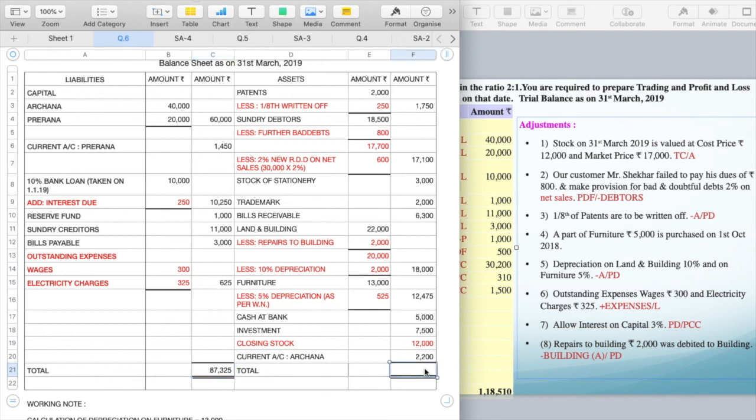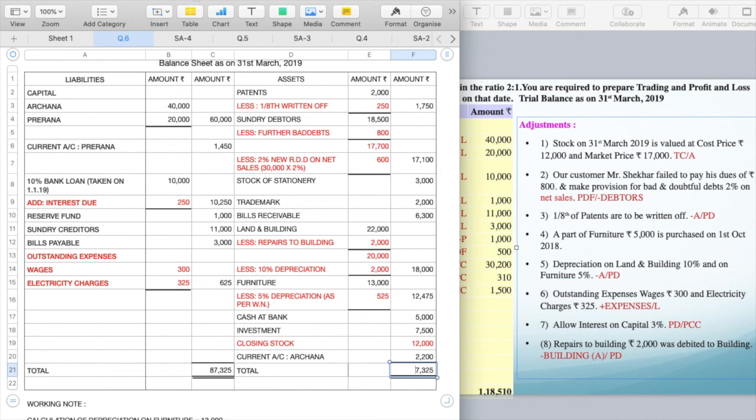Okay, let us check the asset side. Last position is 5, second position is 5 plus 7 is 12, carried 1. 7 plus 1 is 8, 9, 9 plus 3 is 12, 12 plus 4 is 16, 16 plus 5 is 21, 21 plus 2 is 23, 3 carried 2. 2 plus 1 is 3, 3 plus 7 is 10, 13, 15, 15 plus 6 is 21, 8 is 29, plus 2 is 31, plus 5 is 36, 36 plus 7 is 43, 43 plus 2 is 45, and 45 plus 2 is 47.